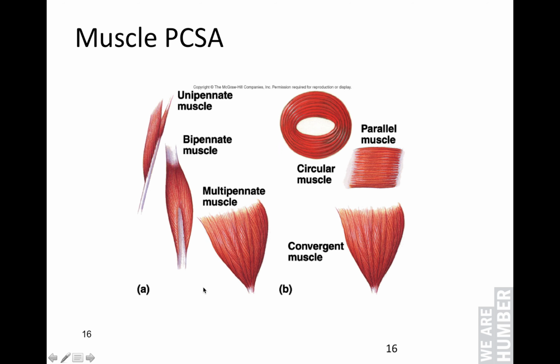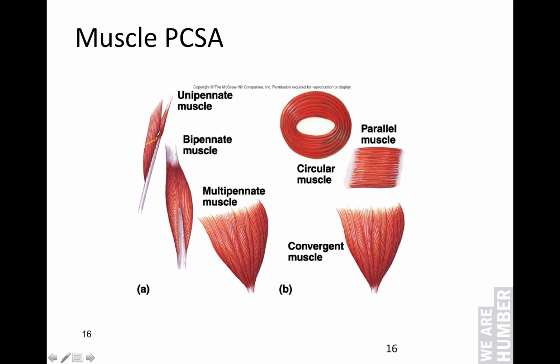You can see that different muscles have different arrangements of the muscle fibers. The pennation of the muscle is what affects the physiological cross-sectional area. If we draw the physiological cross-sectional area, it's always going to be at right angles to those muscle fibers.